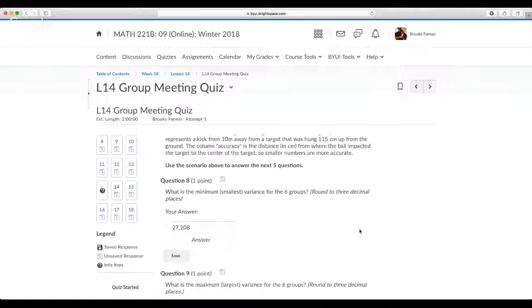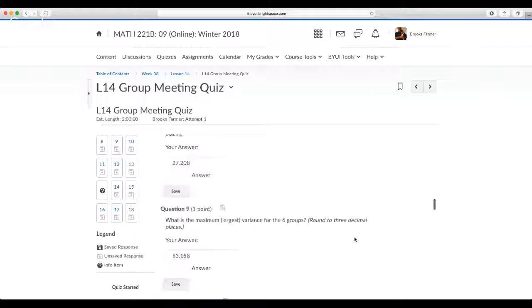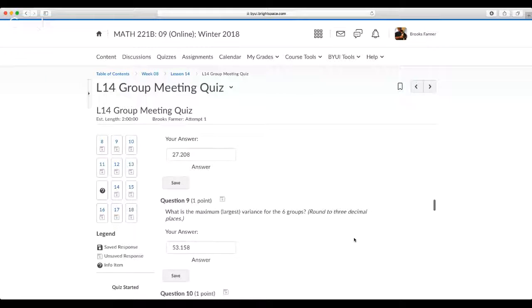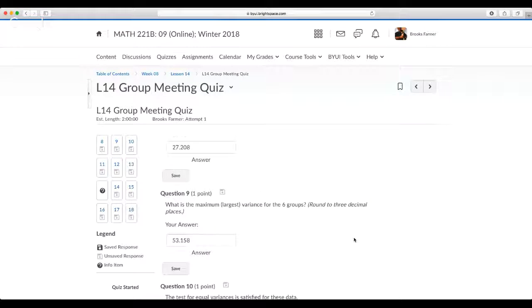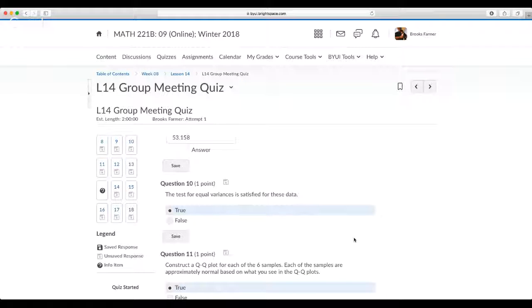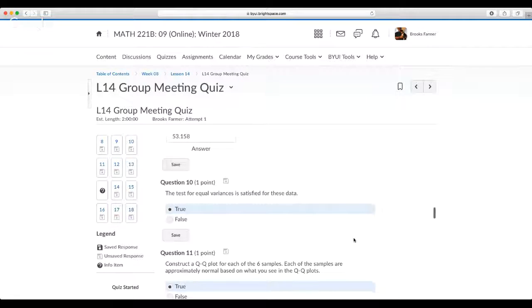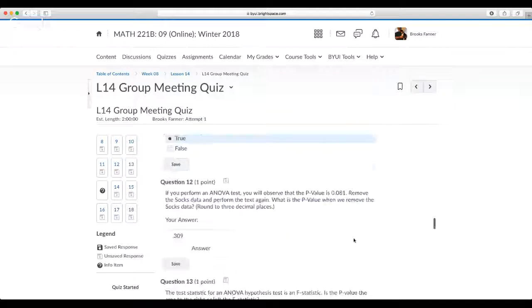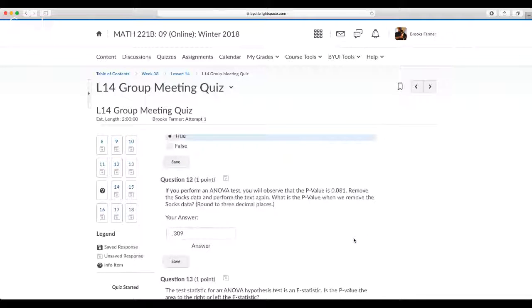8 is 27.208. 9 is 53.158. 10 true. 11 true. 12 is 0.309.